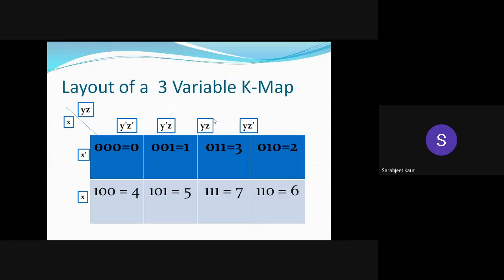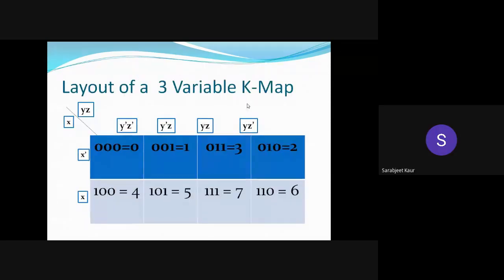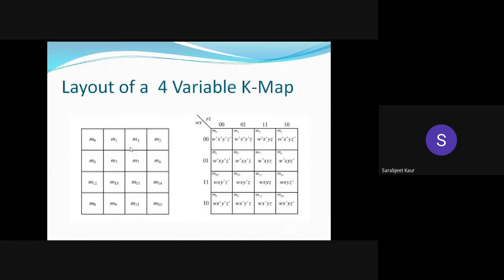Yes or no? Yes, ma'am. Right. So please see, the same thing we are going to do today in the four variable Karnaugh map. So you'll find this is actually 0, 1, skip 2, then 3. Okay. Similarly here 0, 1, skip 2, and then 3.